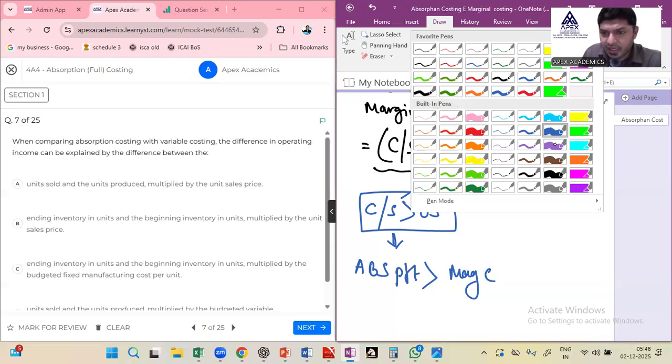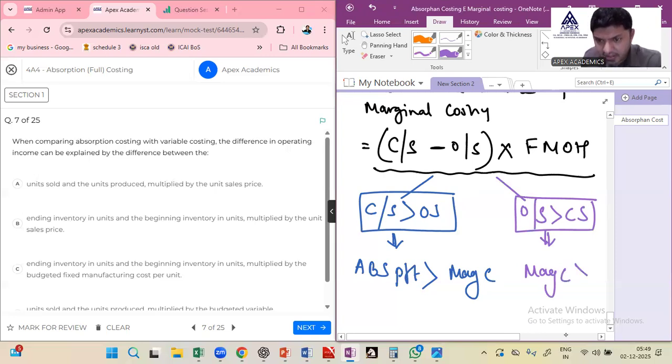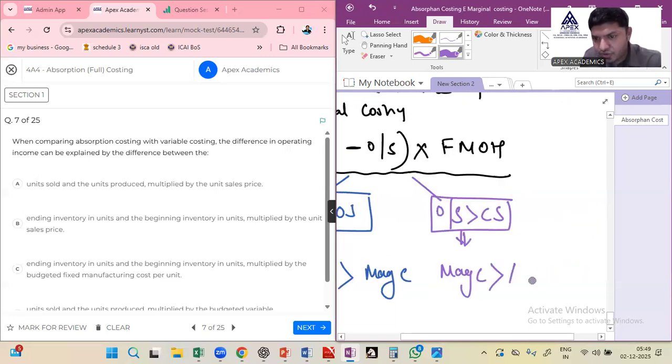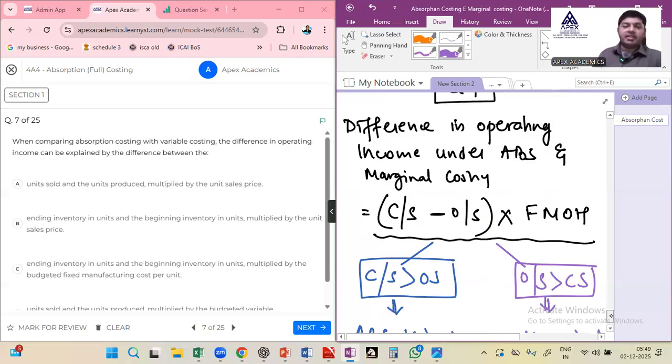But if my opening stock is greater than my closing stock, in this scenario, my marginal costing profit will be greater than my absorption costing profit. This is the concept that question number 7 is asking you.